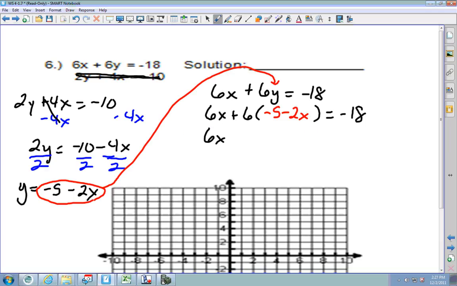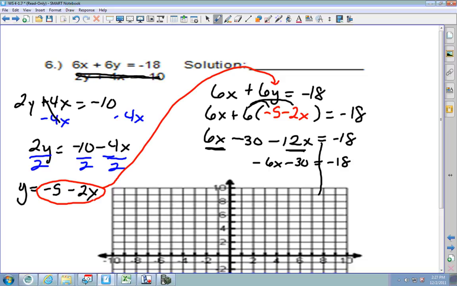I have 6x. Do the distributive property. 6 times negative 5 is negative 30. 6 times negative 2 is negative 12x equals negative 18. Combine like terms. It's negative 6x minus 30 equals negative 18.